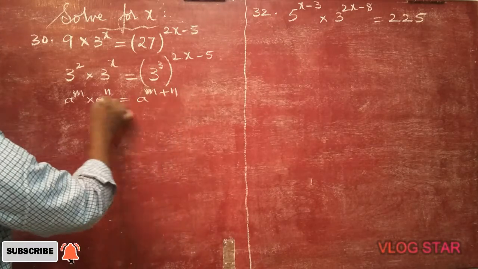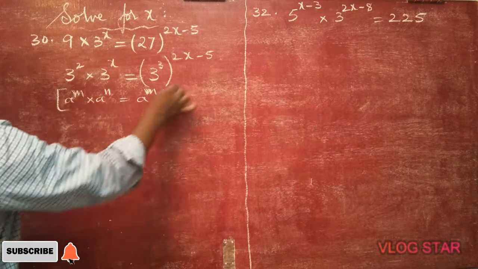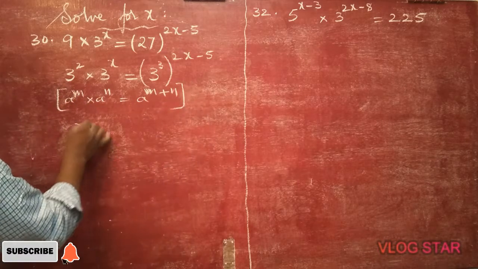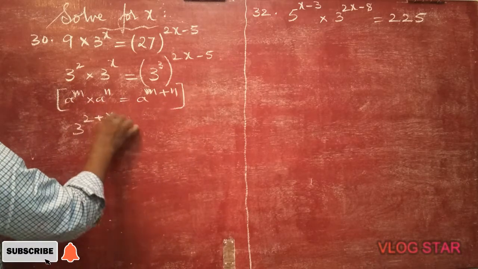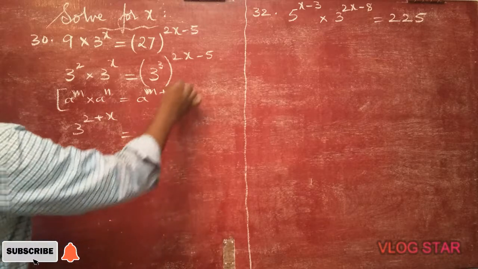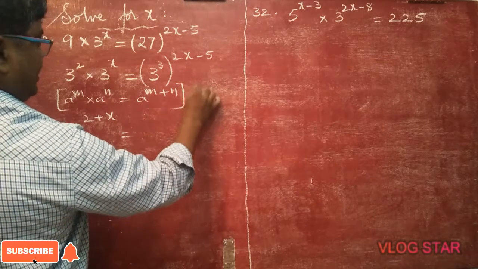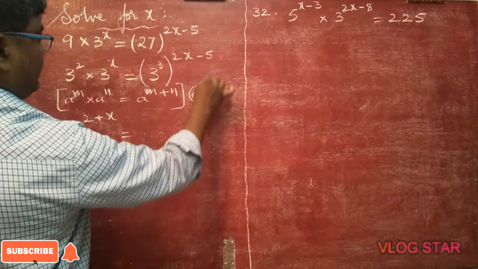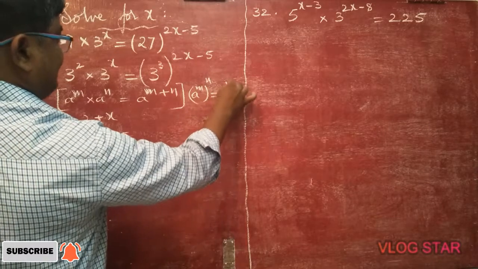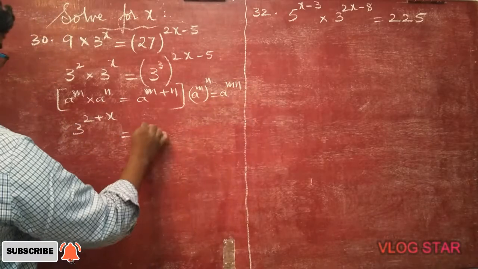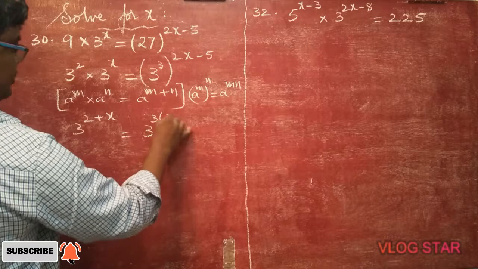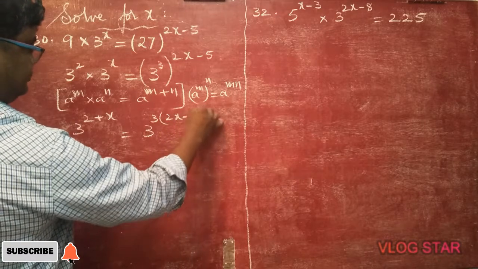So this is very important. Now 3 to the power of 2 plus x is equal to, it is in the form of a power m whole power n, which is a power mn. So 3 to the power of 3 into (2x minus 5).